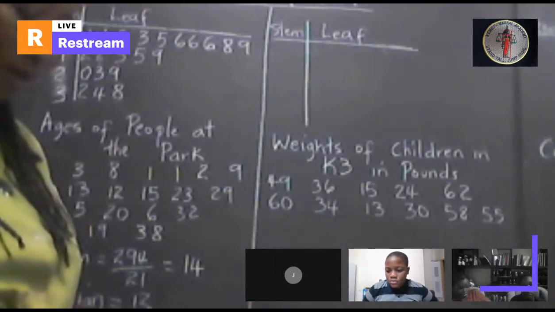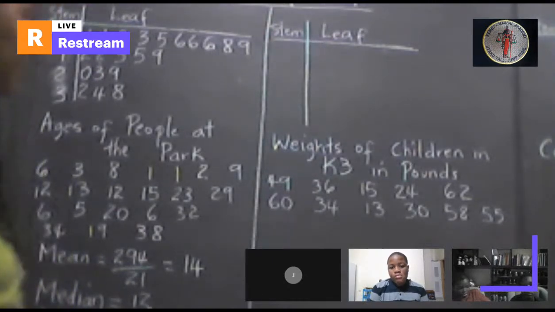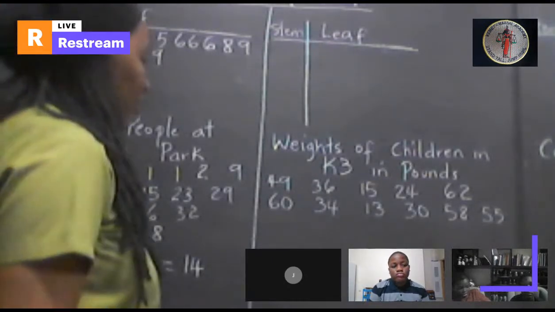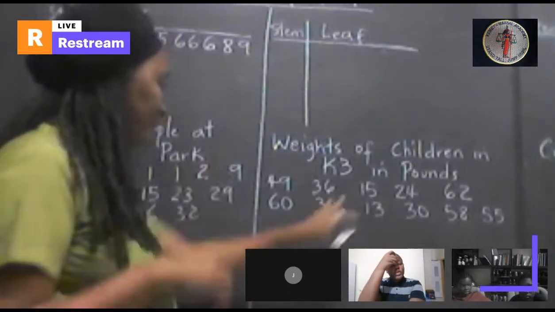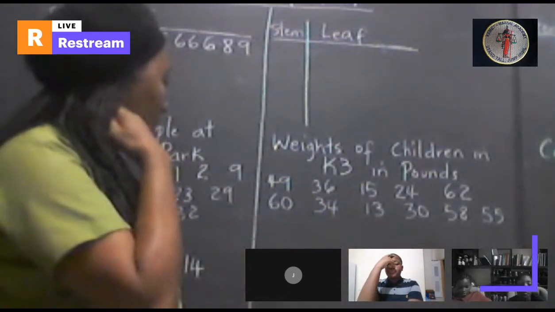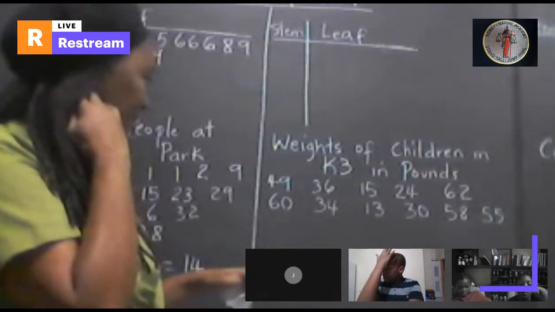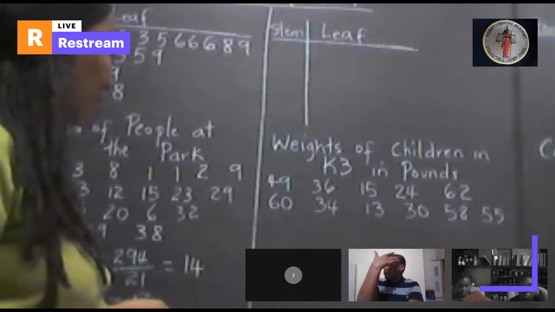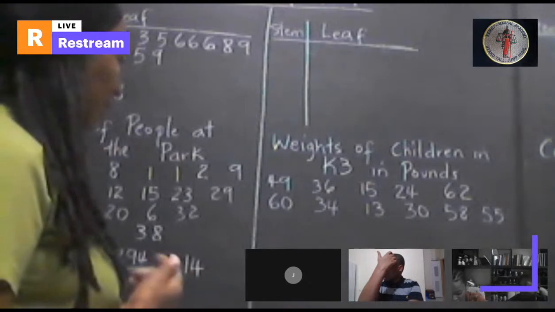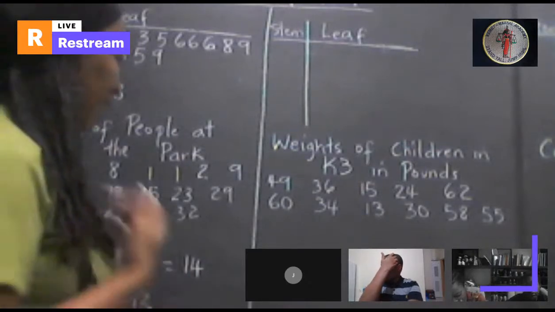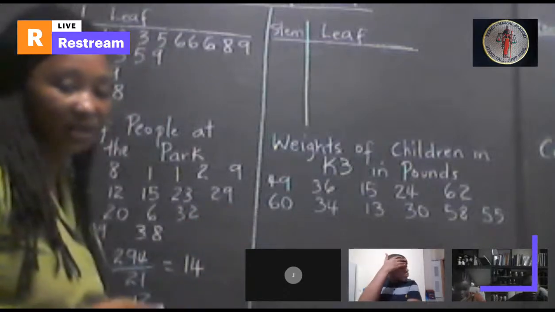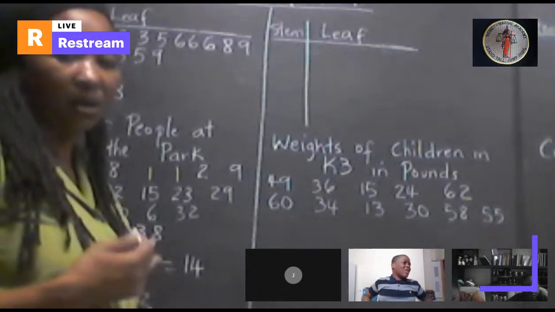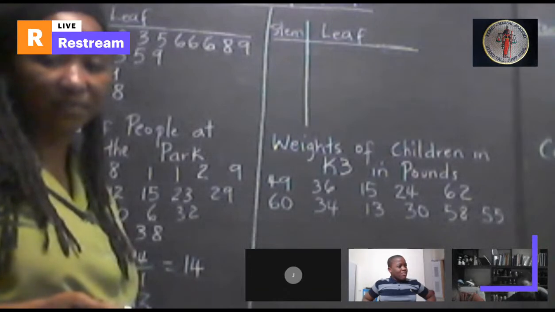So let's make our stem and leaf plot. There is no single digit number. We have some in the teens, we have some 20s, we have some 30s, we have a 40, 50, and 60. So we don't need to put the 0 because there's no number in the single digits.